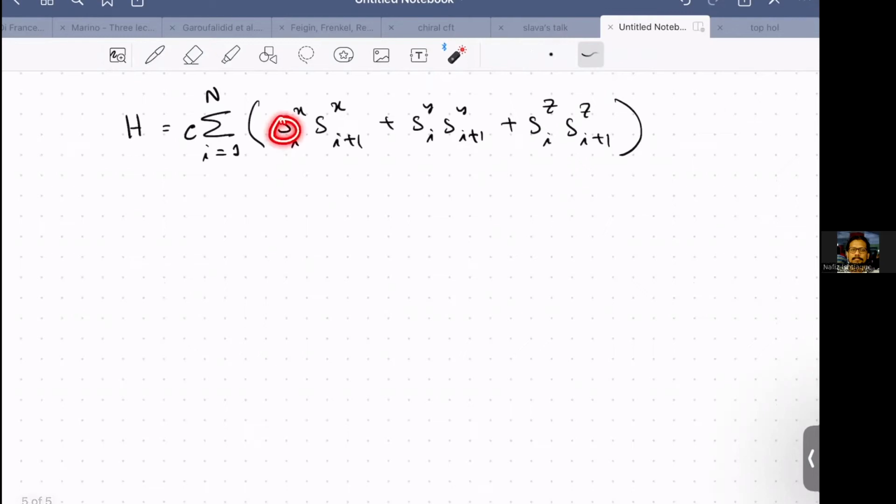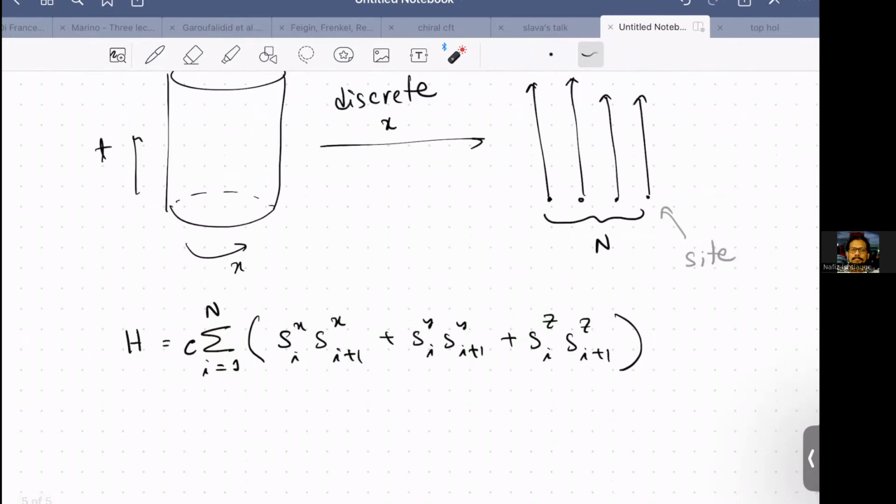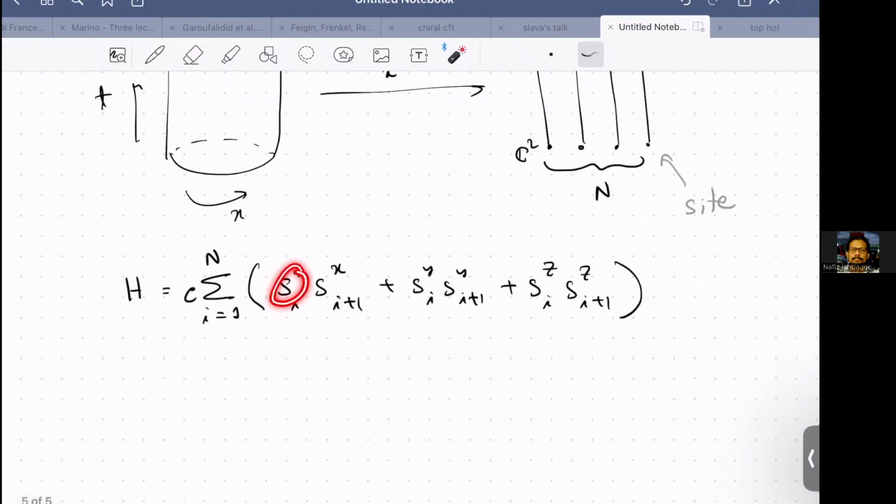But these matrices are simply matrices of the SU2 algebra. So when you model your magnets with spin up or spin down, there's an action. So you basically have a two-dimensional vector space, right? So at each point, you're assigning a C2 vector space whose basis vectors you're calling either up or down. And on C2, you have an action of SU2. And these are those SU2 matrices.